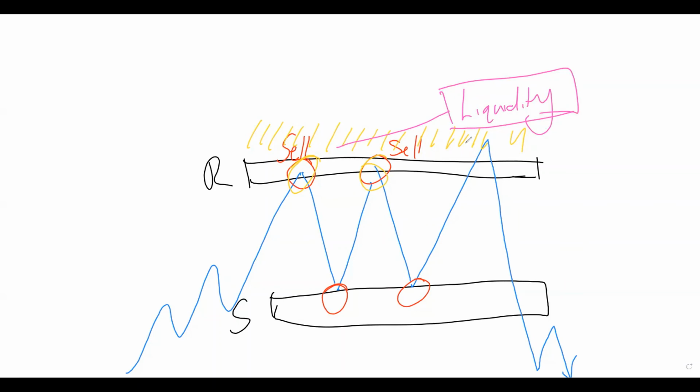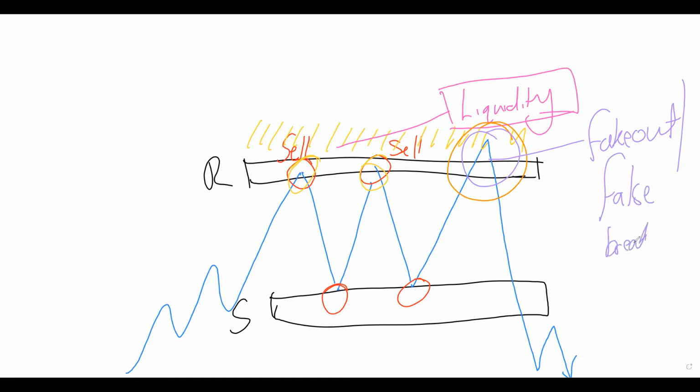And that's why in this scenario, price breaks above the resistance and does what we call a fake out. So this is a fake out or false breakout, which I go through in detail a little bit later in the course. That's your false breakout, right?